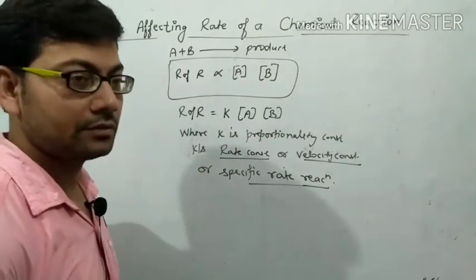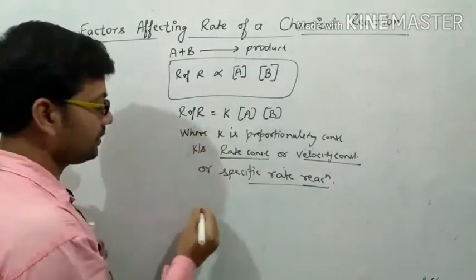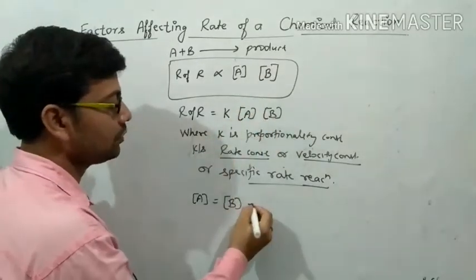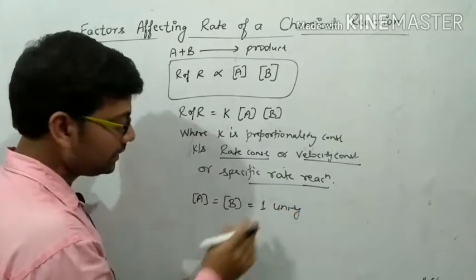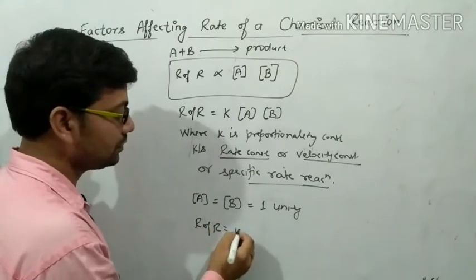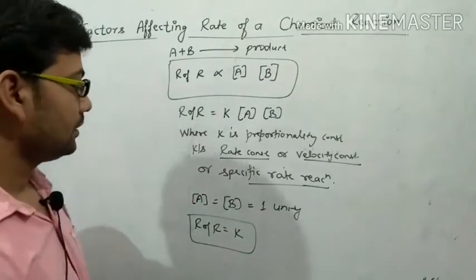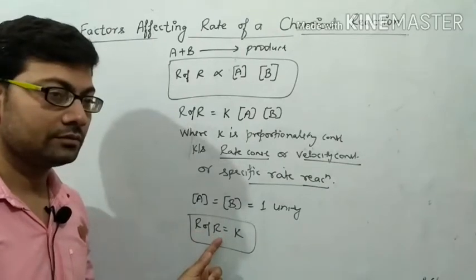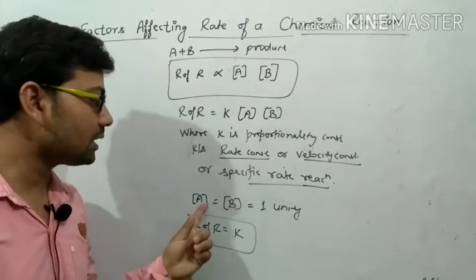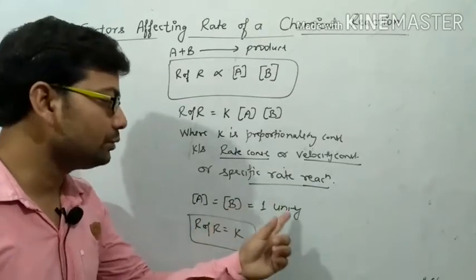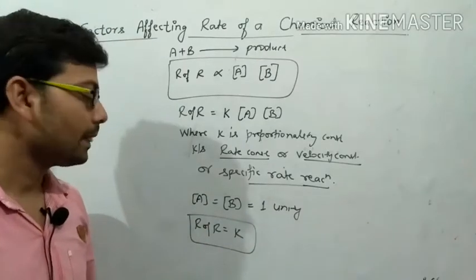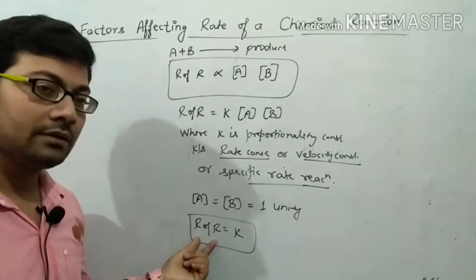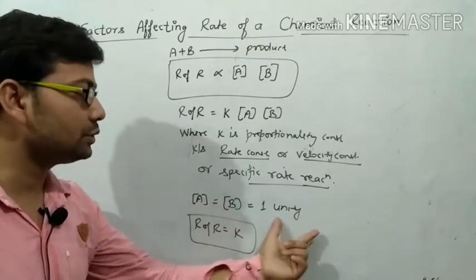Now, what is the specific reaction rate? If we take the molar concentrations of reactants A and B equal to 1, that is unity, then the rate of reaction is equal to K. Means the rate constant is numerically equal to the rate of reaction when the molar concentration of reacting species is unity.